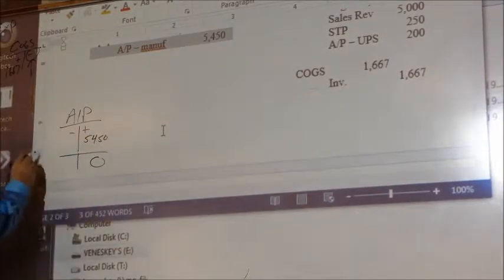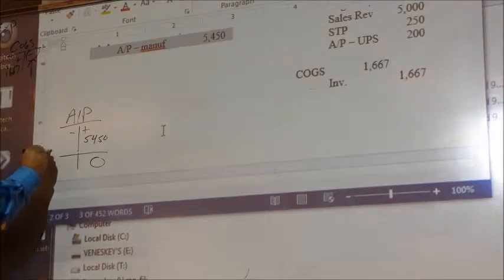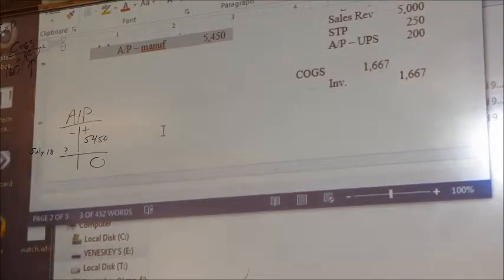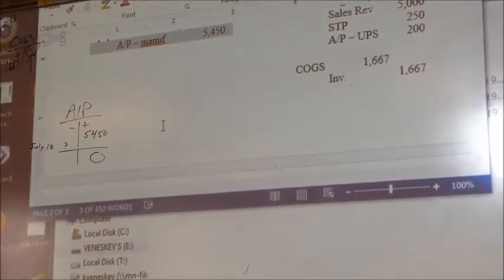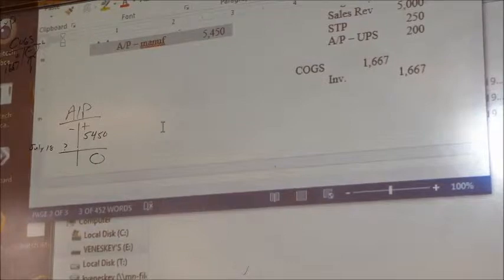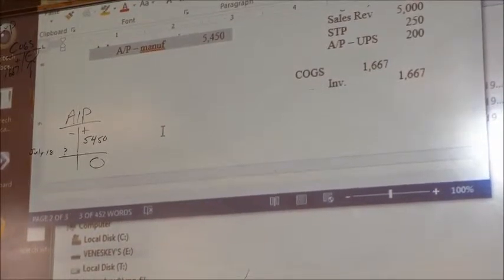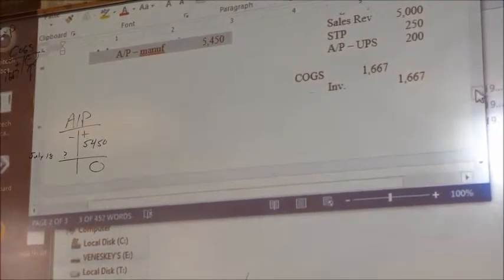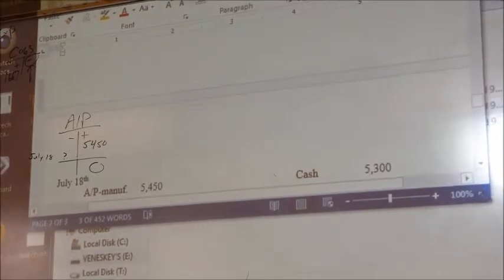When I make the payment on the 18th, I hope you can see that I owe them 0. So therefore, I need to debit $54.50, the whole amount, even though I may not be paying $54.50.